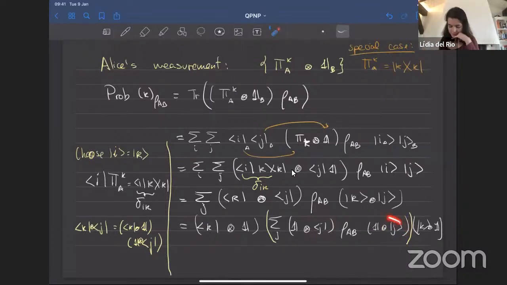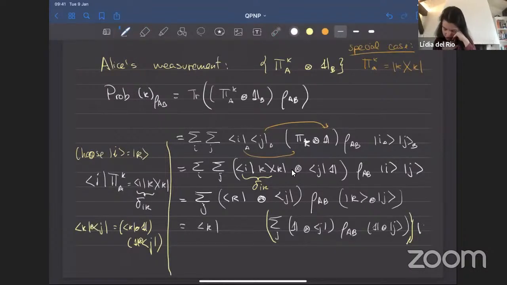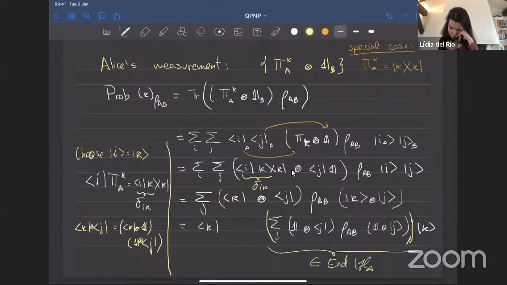So what will survive here is just a state on A, which means that we don't need this identity here, because what's left is just on HA. So this whole thing belongs to the maps just on HA.